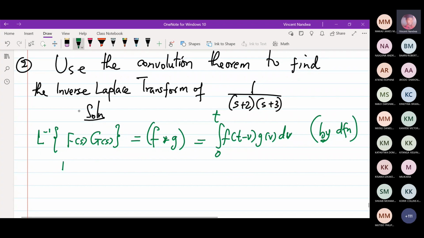If we have 1 over (s plus 2)(s plus 3), it is not hard to see that this can be written as 1 over s plus 2 times 1 over s plus 3.